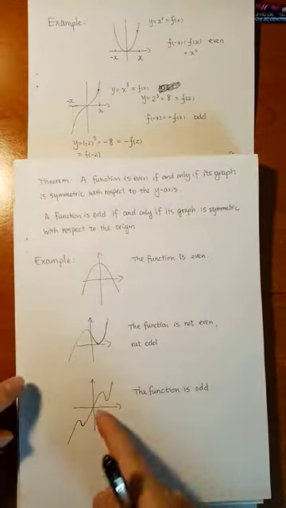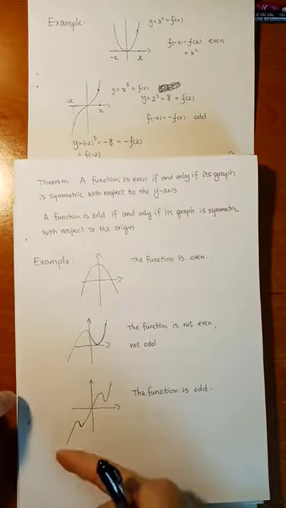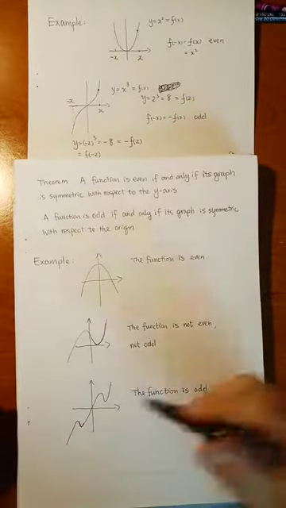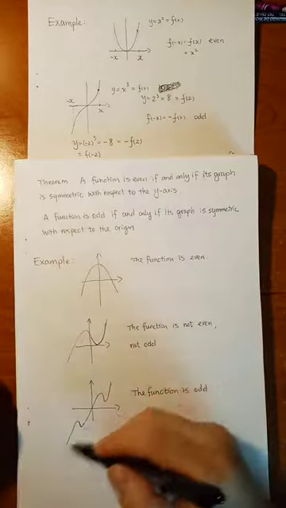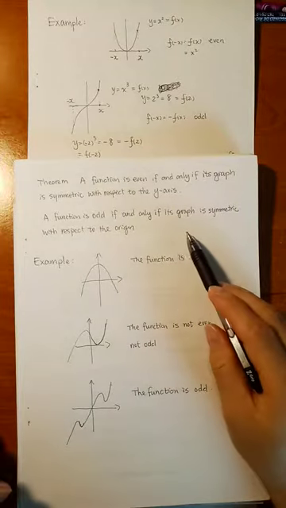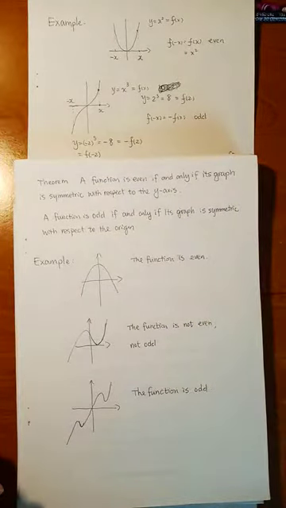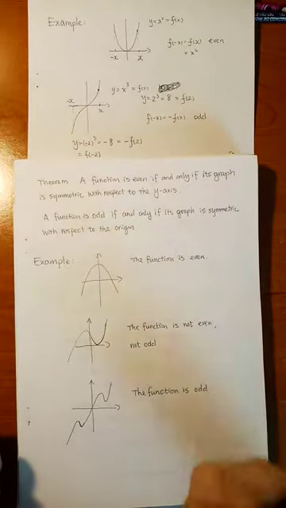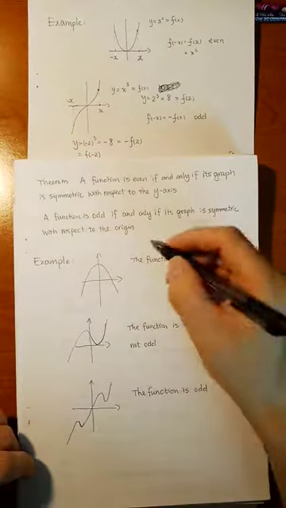It's odd because you rotate it by pi radians and it goes to the left branch. These two pieces are supposed to be the same, so it's an odd function. So that's the simple application of the theorem. When you have the graph of a function, you can quickly determine if it is an even or odd function. And this is a determination based on the geometry.